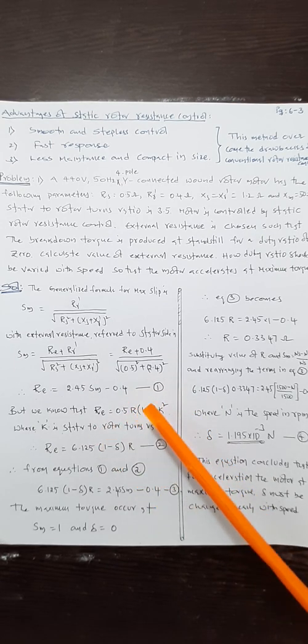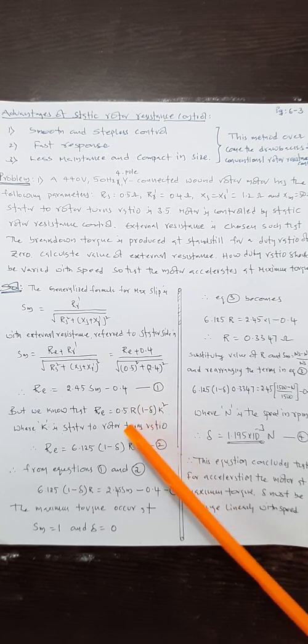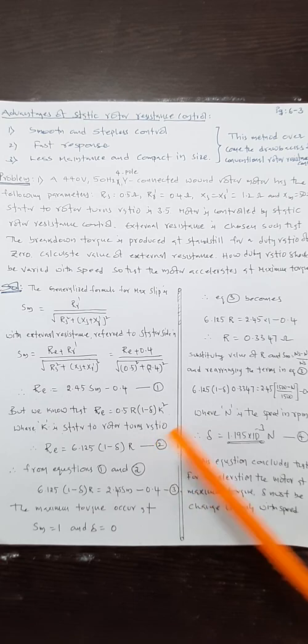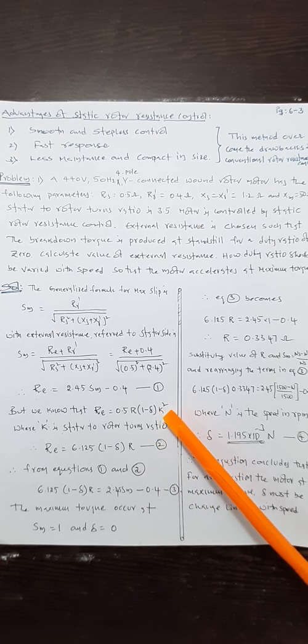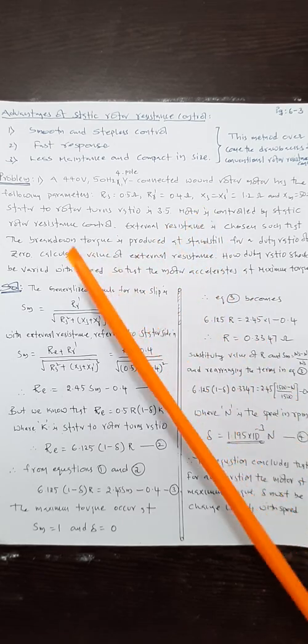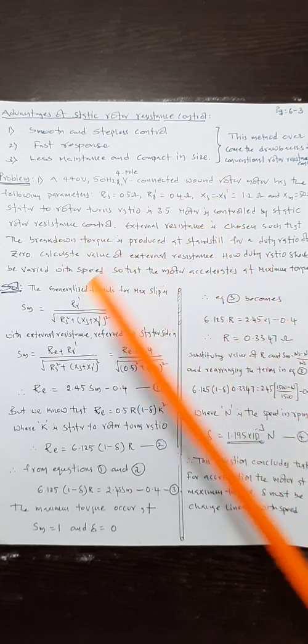But you know that Re is equal to 0.5 into R into (1 minus delta) into K square. Theoretically we studied this, but here K is the stator to rotor turns ratio, which is to be transferred from rotor side to stator side. You observe the difference here. The turns ratio is originally defined rotor side to stator side, but here the reciprocal is given, stator to rotor.